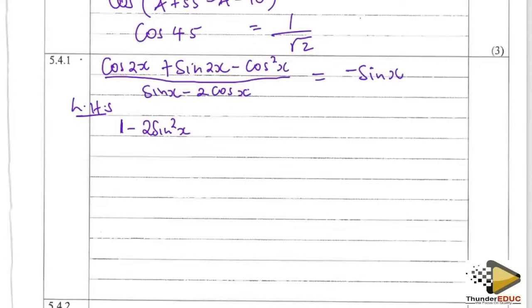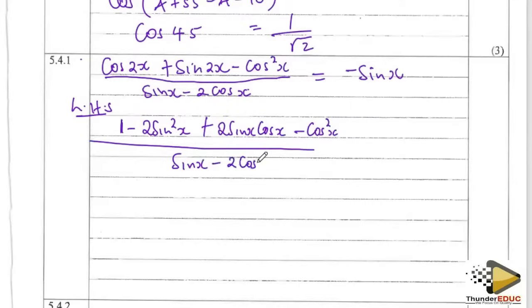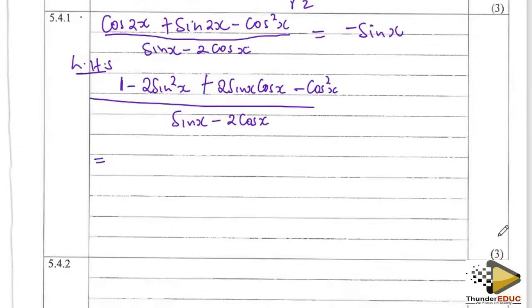So 1 minus 2 sine squared x plus the sine 2x, which is 2 sine x cos x, minus cos squared x, over sine x minus 2 cos x. Okay, when I change that, what next? What do I see? Is there anything that I can combine? Yes, I can combine this.